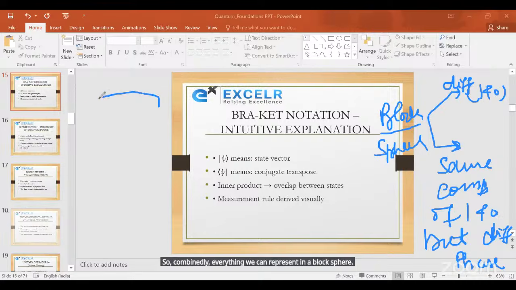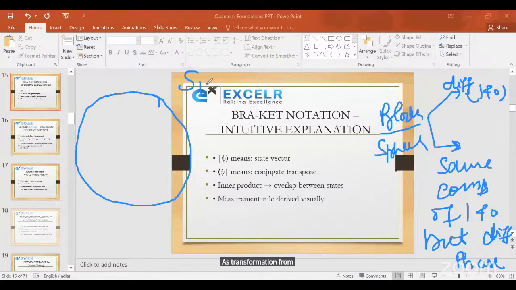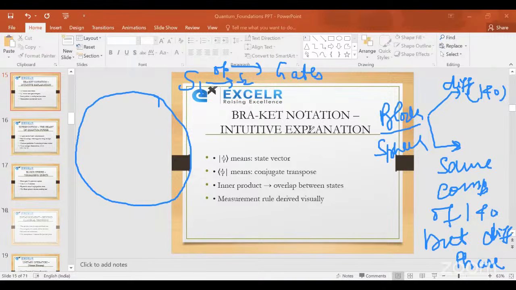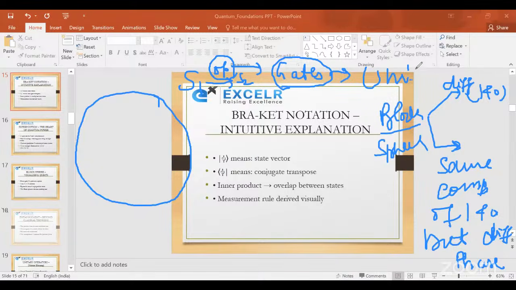Now, when we apply a transformation from system 1 to system 2, we have to apply an operator. These operators are called gates, and they should be applied in such a way that it is a unitary transformation.